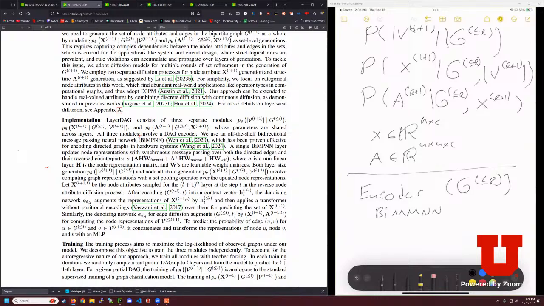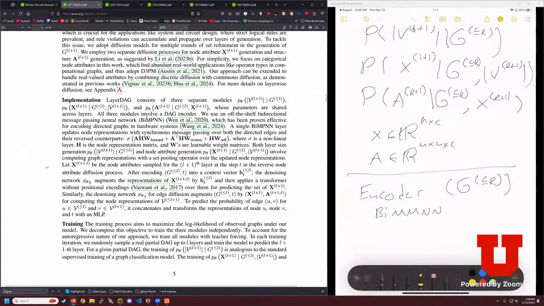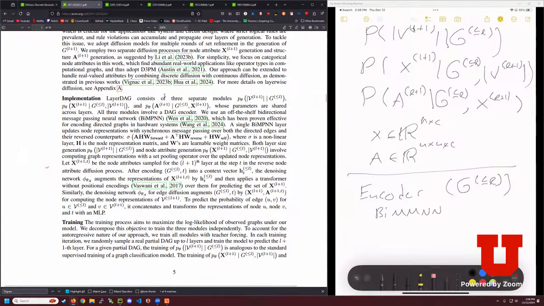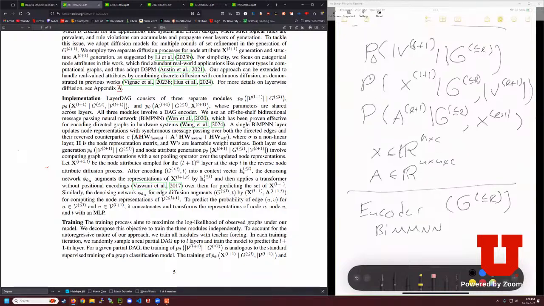After that encoder, it gets a bit weird with how they describe it. Looking into their code base, it does look like they have a different bipartite message passing neural network layer for every single one of these generators. So each one of these probabilities is generated by its own neural network, it seems.